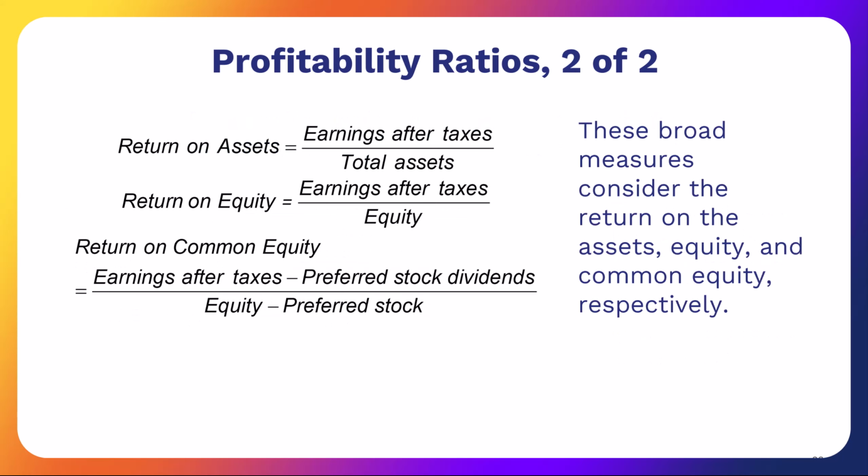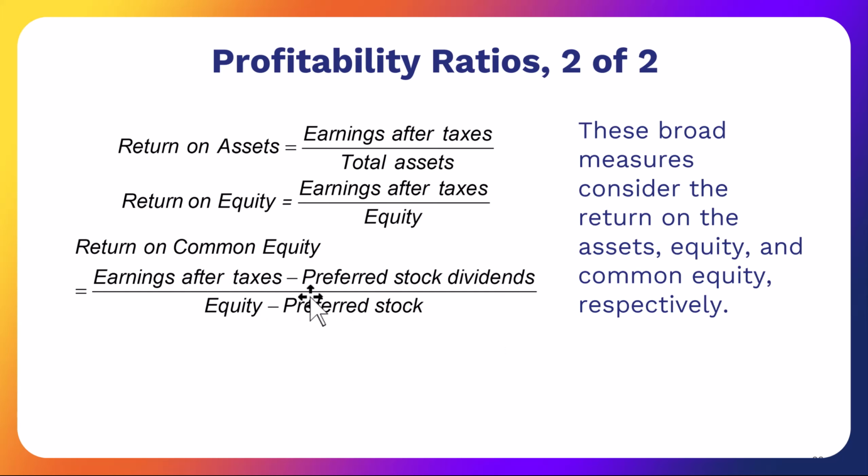The next set of ratios look at the balance sheet context. Are we producing enough sales and profits for the assets that we've chosen? Now we have the return on equity here, which is the earnings after taxes divided by equity. And if we wanted to be a little bit more specific about the common shareholder, it would be earnings after taxes minus the preferred stock dividends.